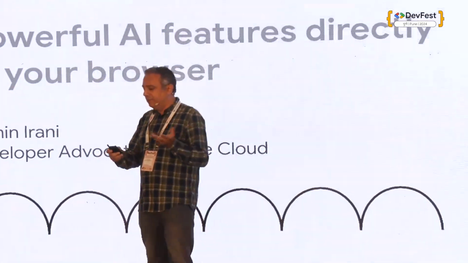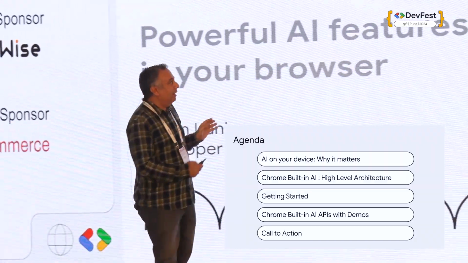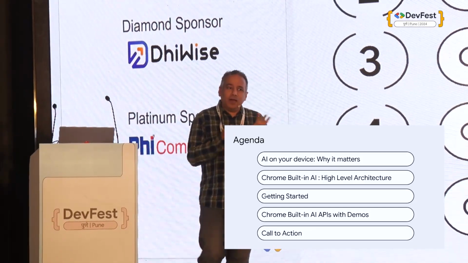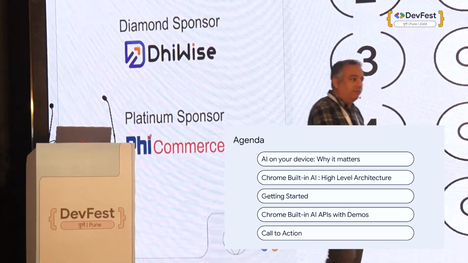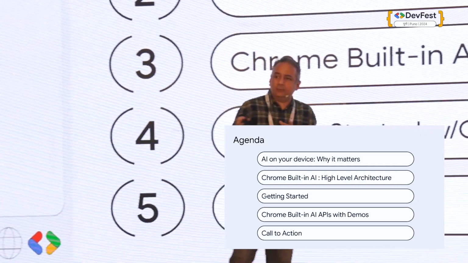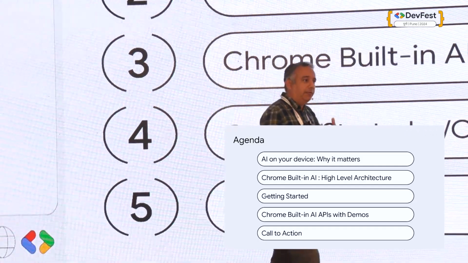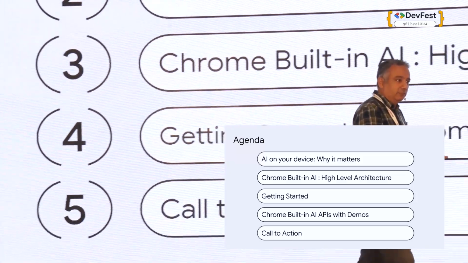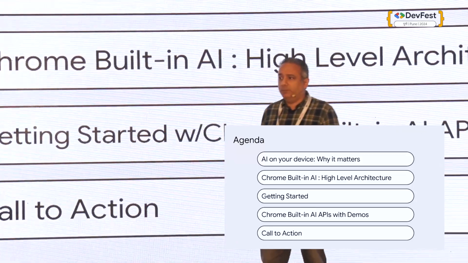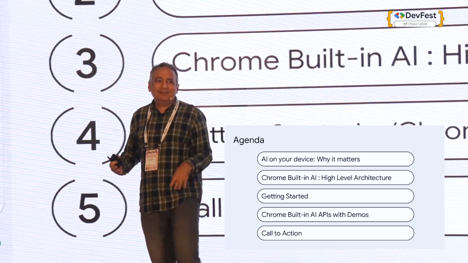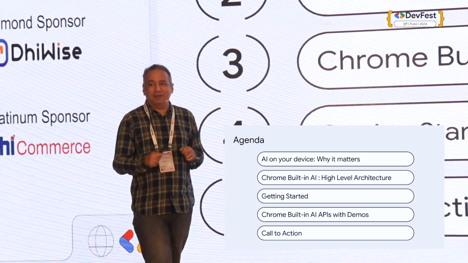We'll see several examples, and the agenda looks something like this. We'll focus first on why AI on the device. And when we say device, what we are trying to say is literally the large language model itself is brought to the device or wherever you're trying to run. This could be your laptop and maybe in the future, even smaller, less capable devices.